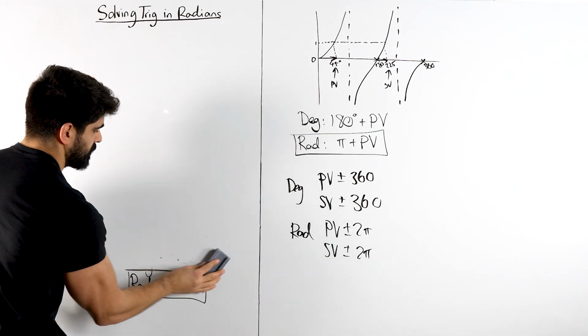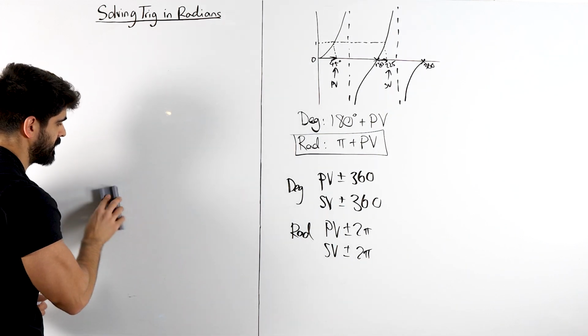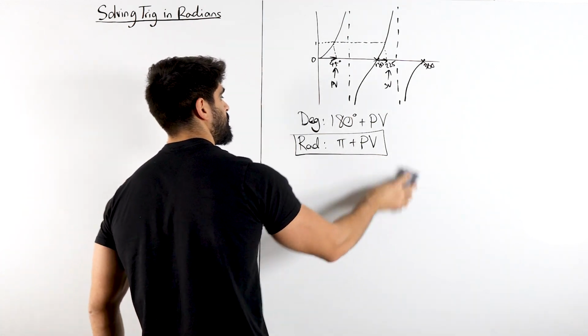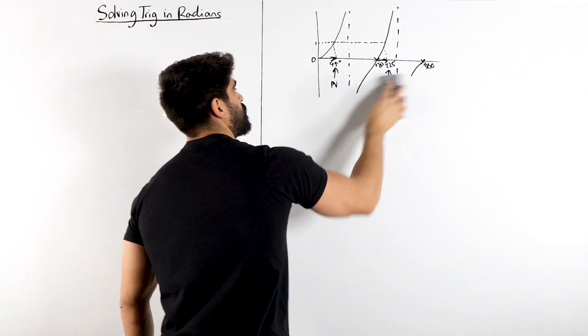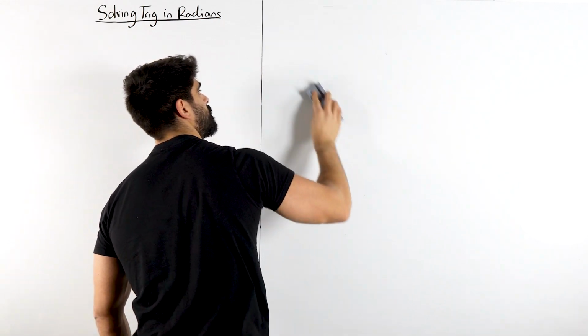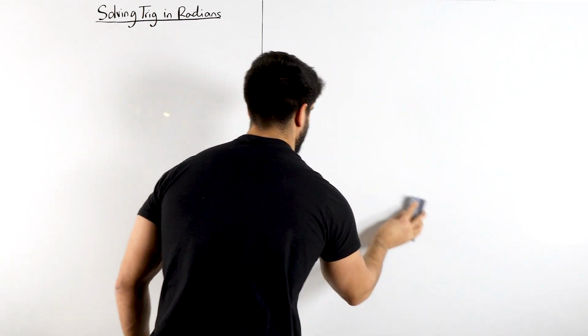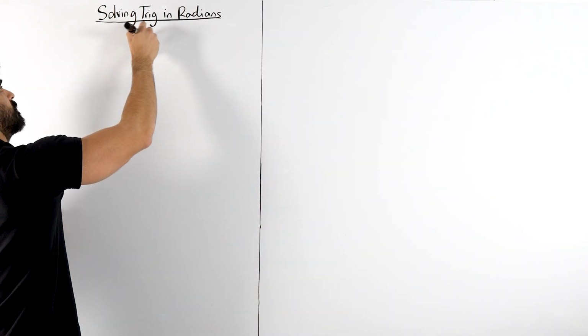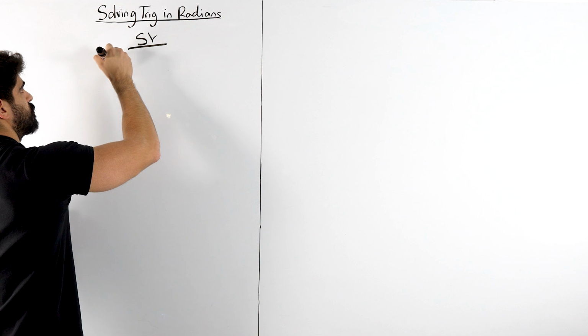So let's do some questions. I'll write down the rules again so we can follow them step by step. And I'm going to do some key questions that I think will be useful for you, especially if you're just starting out looking at radians. So to work out the secondary value for all functions, do you remember them?